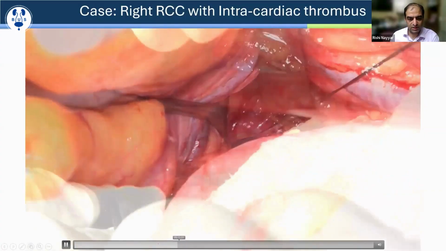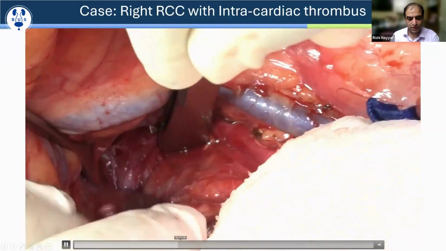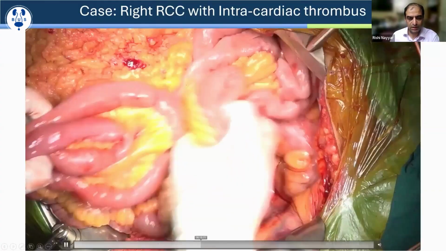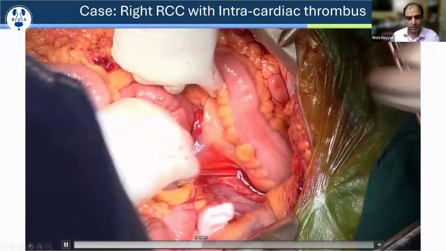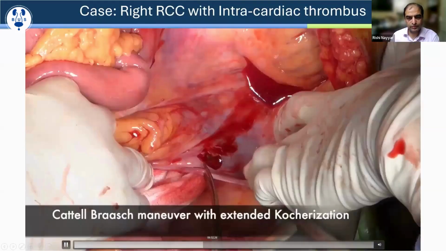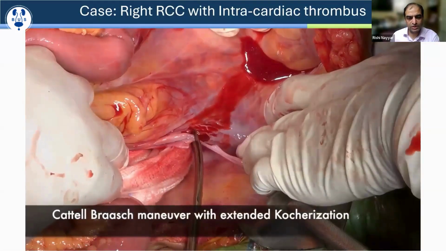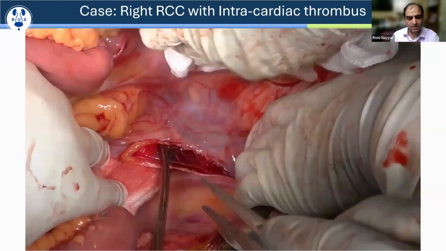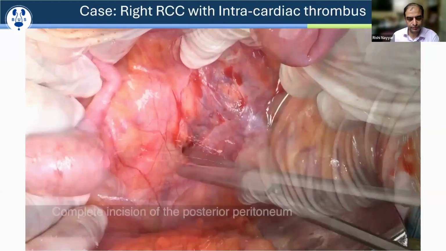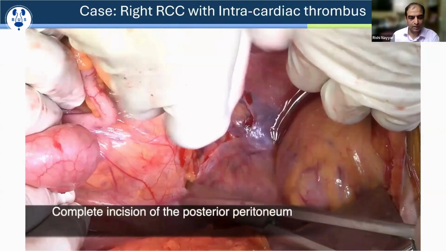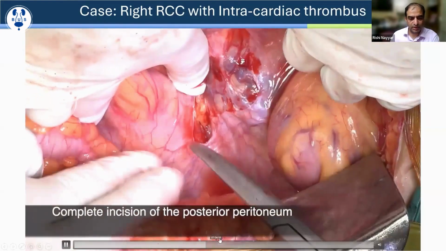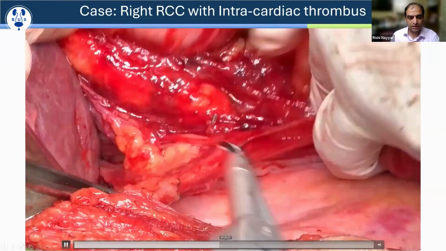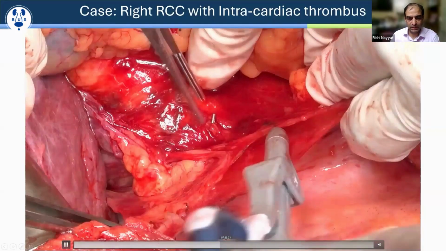So once this is done, we'll move on to the nephrectomy part, which is done as usual. Bleeding reduces very, very significantly once the artery is clamped. So this is the upper pole of the tumor separating from the liver on the lateral aspect.